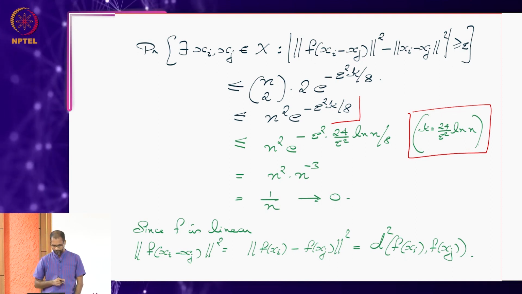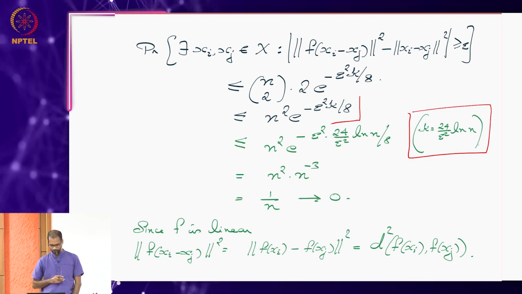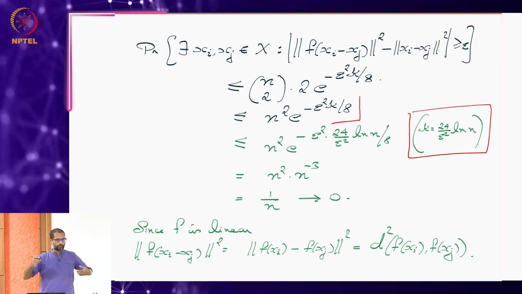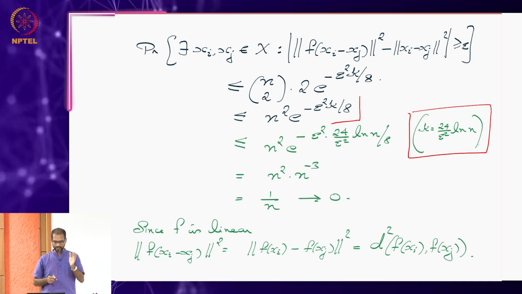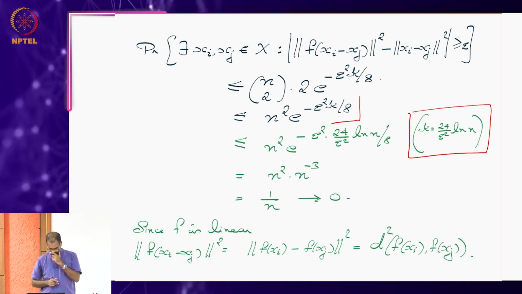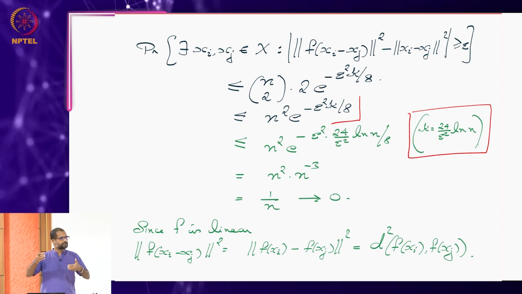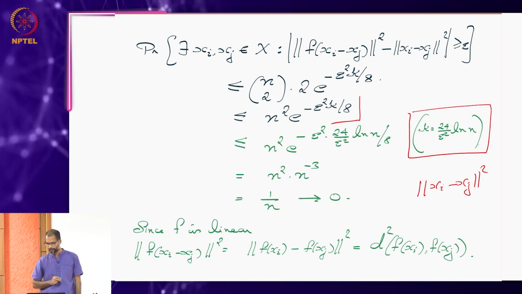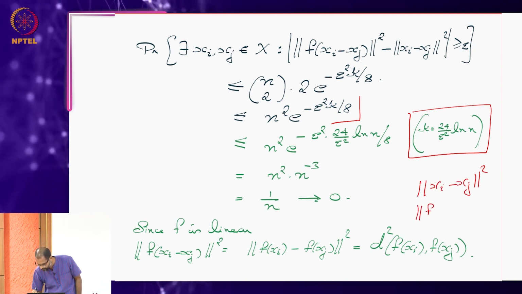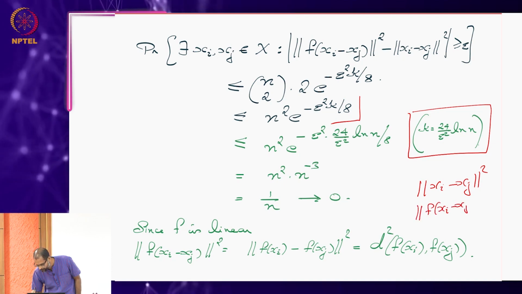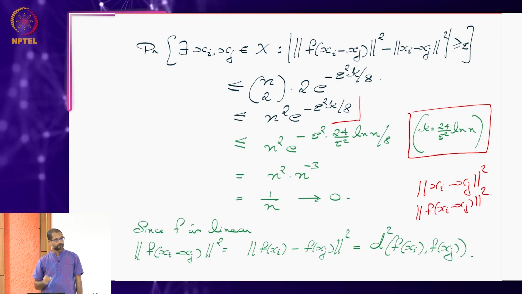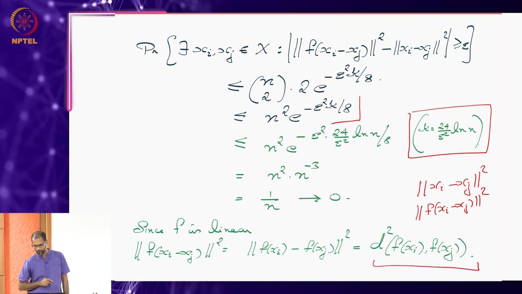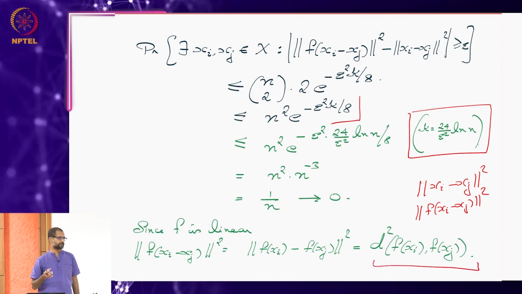And by the way, one thing I should have emphasized earlier is that we are talking about approximating the length of this xi minus xj, or its square, so we wanted this f of xi minus xj square. But what we actually cared about is the distance after the projection, which is the distance between f of xi and f of xj, or distance square.